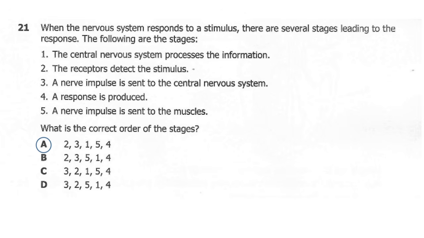So the relay neuron will then send an impulse to the motor neuron. The motor neuron sends the information to the muscle, which is an effector, and it will cause the muscle to contract, creating a response. So the correct answer here is A. So don't forget how the impulse moves. The impulse starts from receptor to sensory neuron to relay to motor to effector. Excellent work, chat.